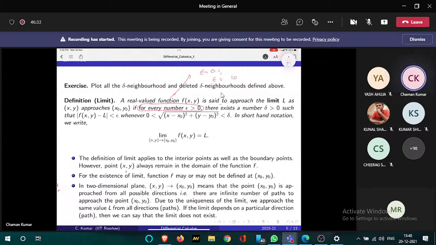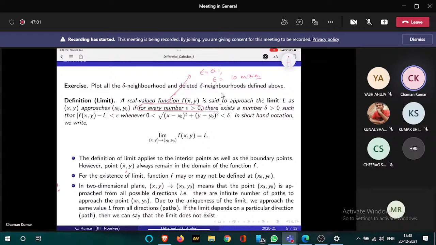This epsilon can be 10 million also. You pick your epsilon as per your convenience, and the only condition is that it should be strictly greater than 0. So keep in mind the words every epsilon. You have to test this condition for every epsilon greater than 0.